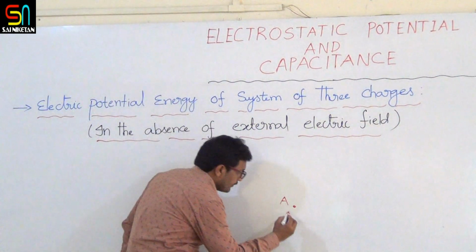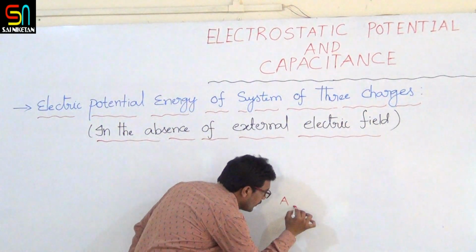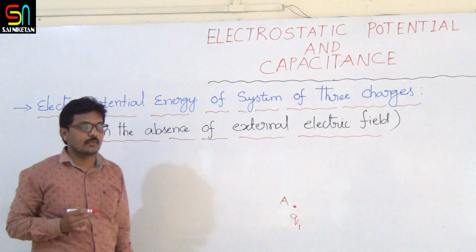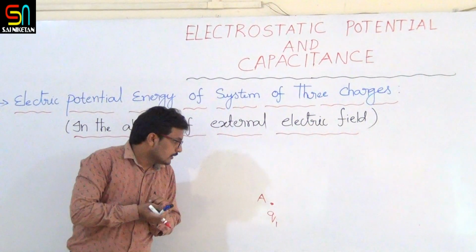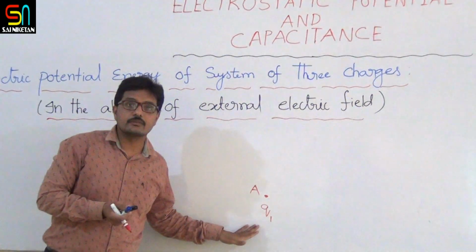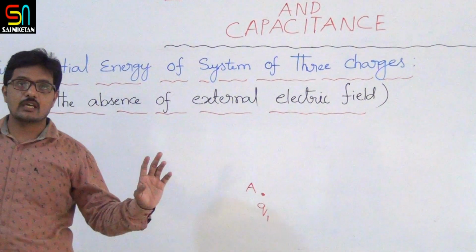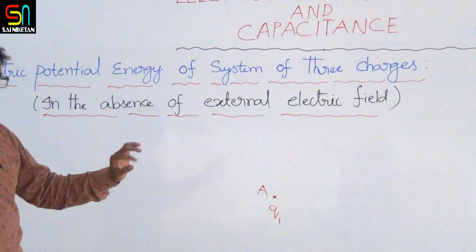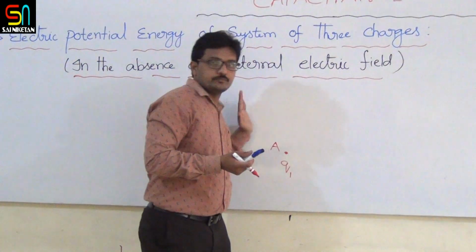Then we bring the charge Q1 and place it at the point A. Now what happens? The charge Q1 produces an electric field. We know that charges at rest produce an electric field. So this Q1 produces the electric field.